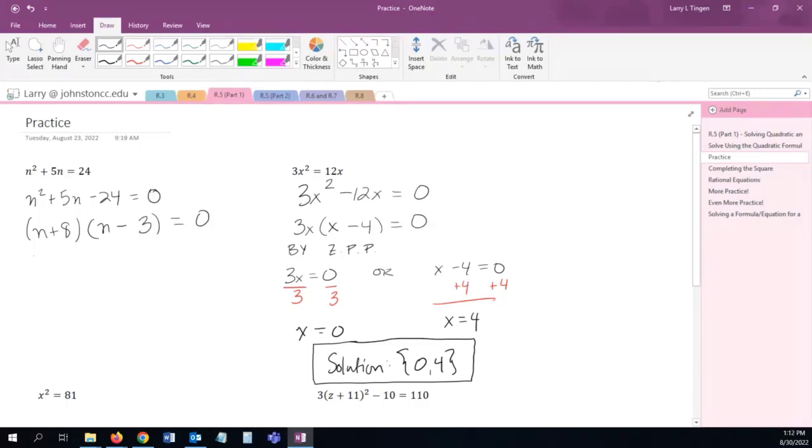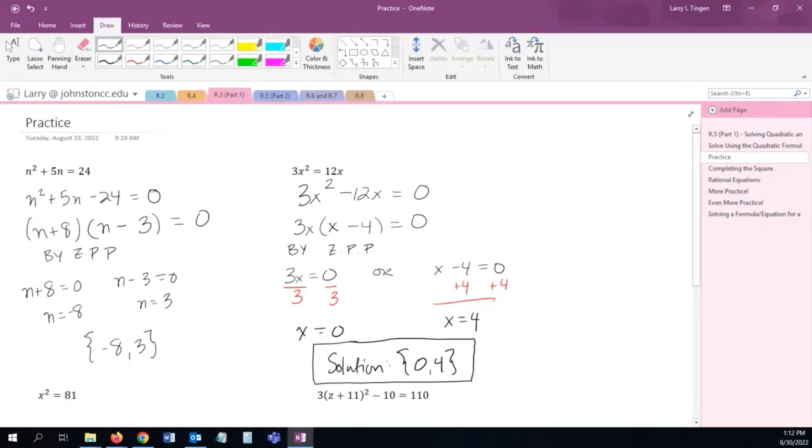And now I have two things to multiply. So again, this is by the zero product principle. I have two things multiplied to give me 0. One of them is 0. n is negative 8. n is 3. So then my solution set contains negative 8 and 3.